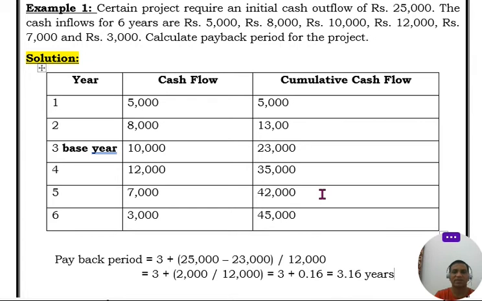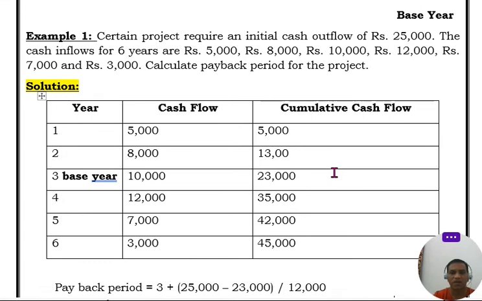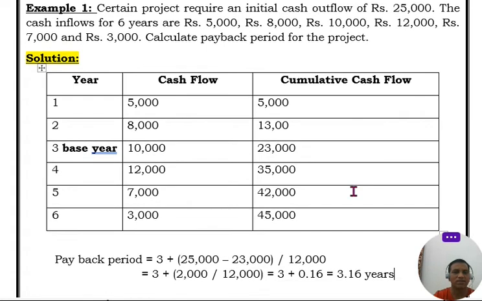If they ask for an accept or reject decision, you have to compare with the standard payback period. But here the standard payback period is not available, so there is no decision here. Simply, the payback period is 3.16 years. Here the cash flows are non-uniform, not equal. That's why we prepared a table with a cumulative cash flow column.